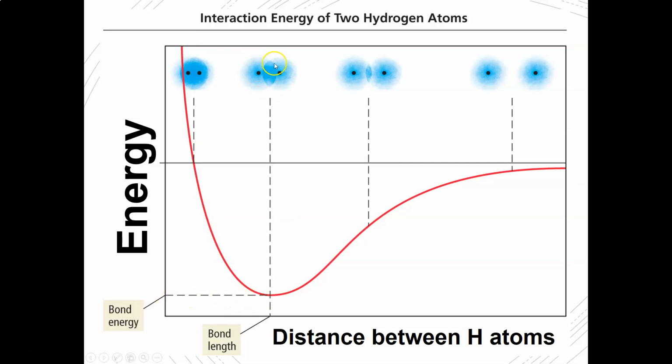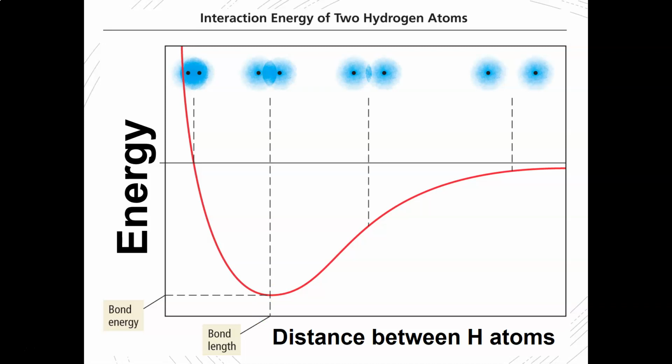You can see here the orbitals are overlapping, and whatever this distance is at its most stable point, the distance between the nuclei, we say is the bond length. So if you have numbers down here on your x-axis, you can come down to the lowest point and see how long the bond is.